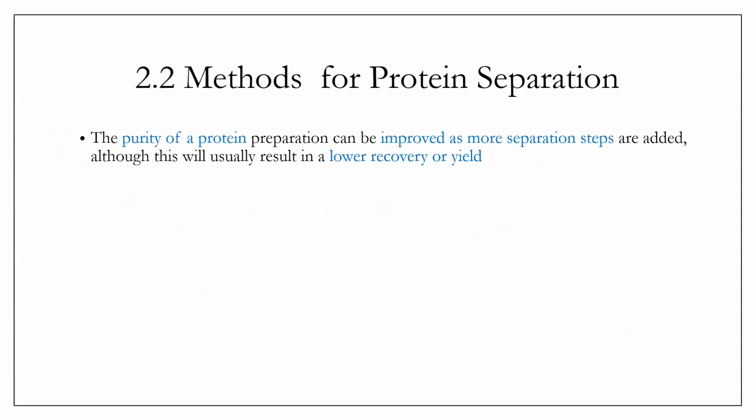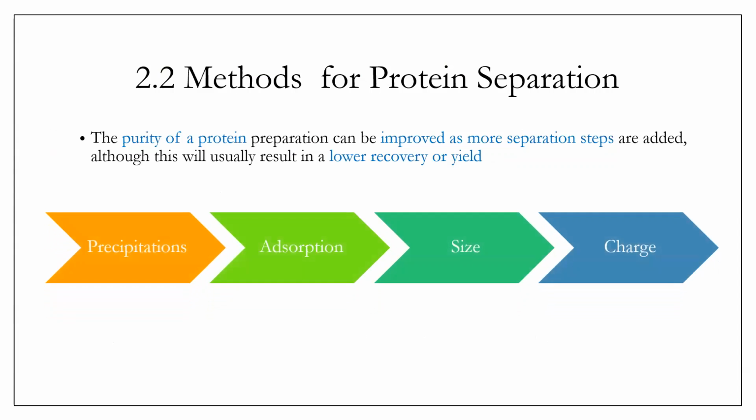Now, once you have analyzed the crude protein in your sample, next comes the method of protein separation. Separation means you are isolating, fractionating the protein on the basis of either size or charge. Okay, the purity of protein normally improves with more separation steps, but as I have told you, in downstream processing, the more separation or purification steps there are, the lower the recovery or yield.